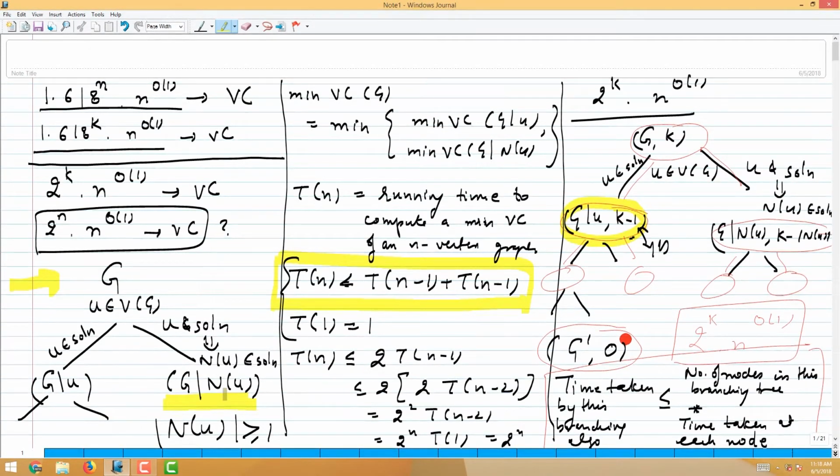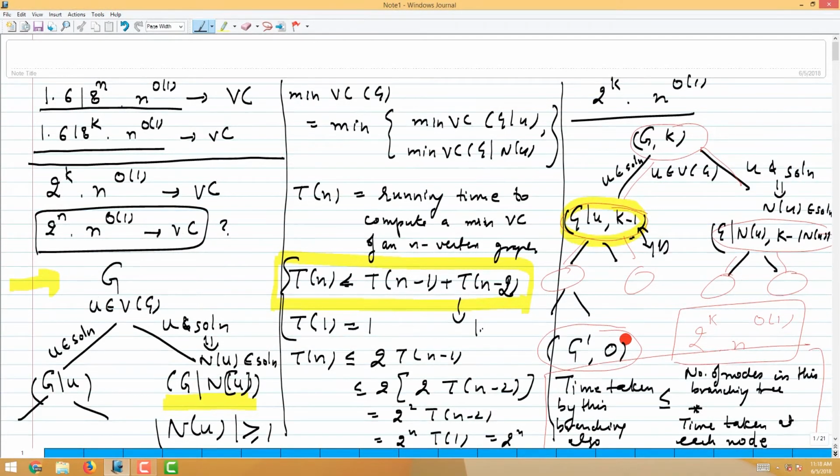You can delete the closed neighborhood of u. So in this recurrence, you'll get n minus 1 and n minus 2 here. And this solves to, this is that golden ratio thing, right? This solves to 1.618 power n.